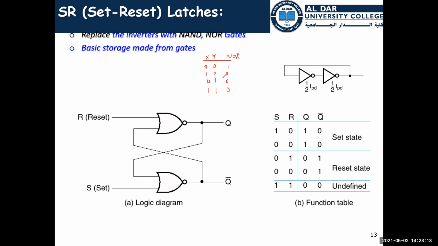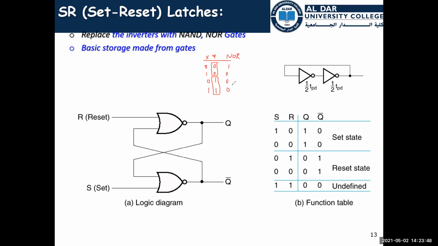This means that if one of the inputs is fixed to 0, the output will be flipped. If one of the inputs is 1, the output will always be 0.